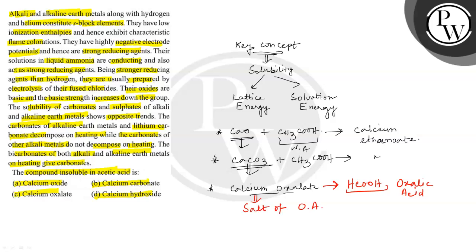So calcium oxalate is a salt of a strong acid, and it is not soluble in acetic acid because acetic acid is a weak acid. So this is the weak acid and this is the salt of a strong acid. A salt of a strong acid cannot decompose in acetic acid.